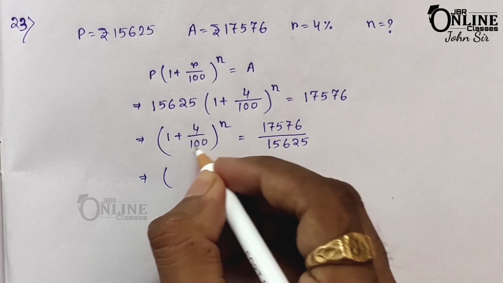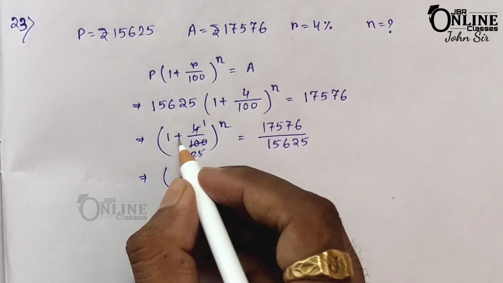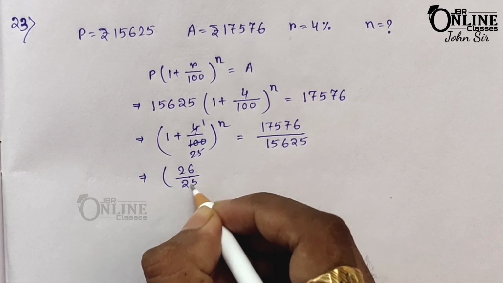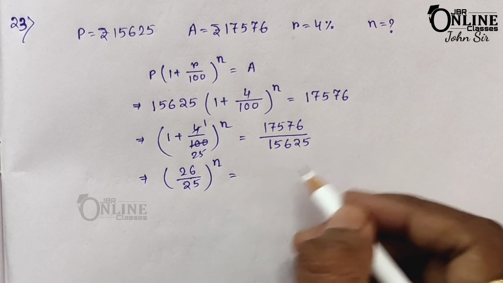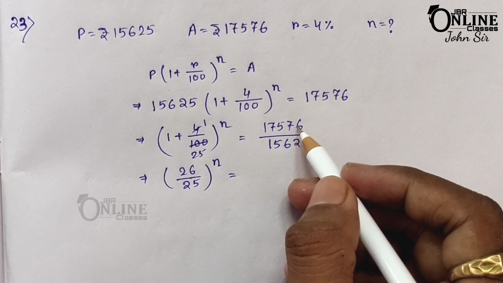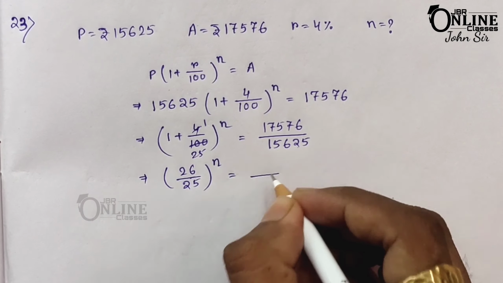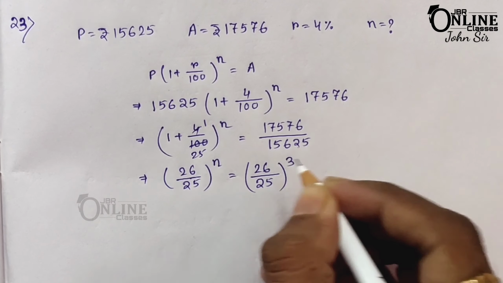Now 4 by 100 equals 1 by 25. So 1 plus 1 by 25 becomes 26 by 25 whole to the power n. Clear? And 17576 divided by 15625 will be 26 by 25 whole cube.